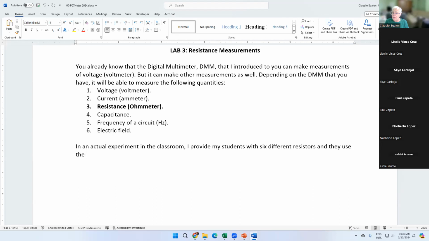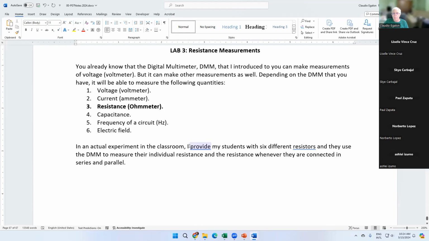And they use the DMM to measure their individual resistance, and the resistance whenever they are connected in series and parallel, okay? That's how I do it in my actual experiment.